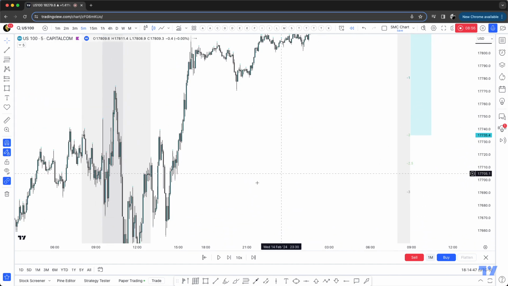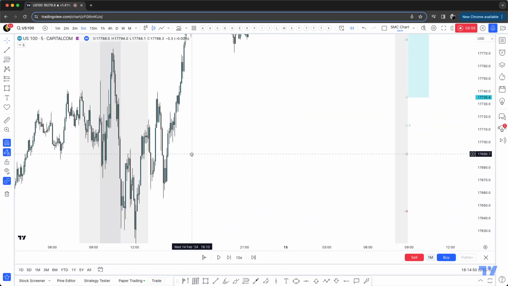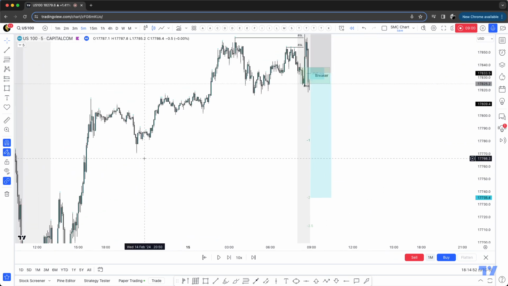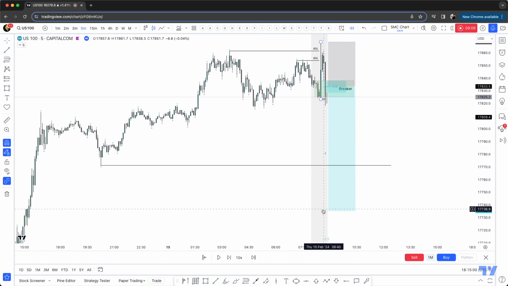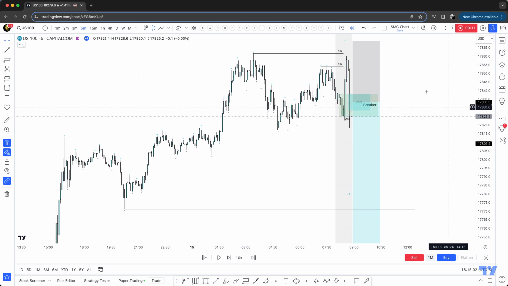I look a little bit on the left to see if there are some lows or liquidity that we could be taking, probably this low right here in this area. But I like that 2.5. I'm using the extension on the Fibonacci.